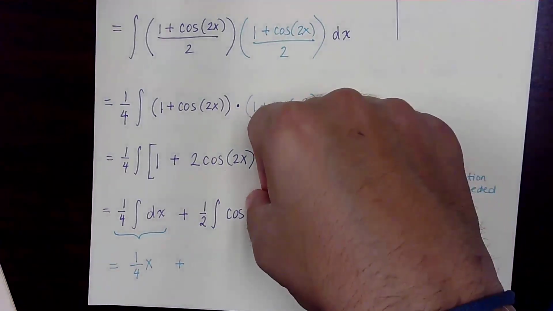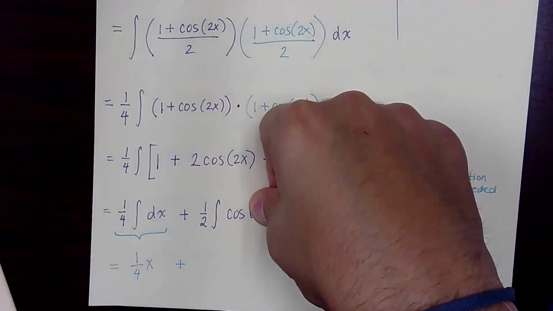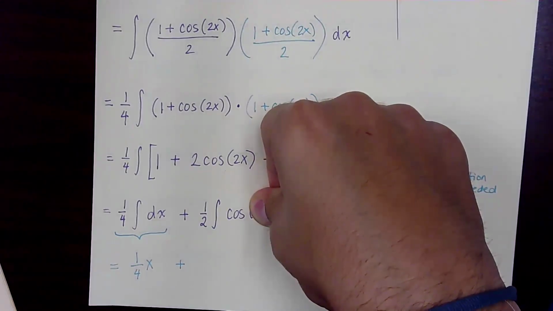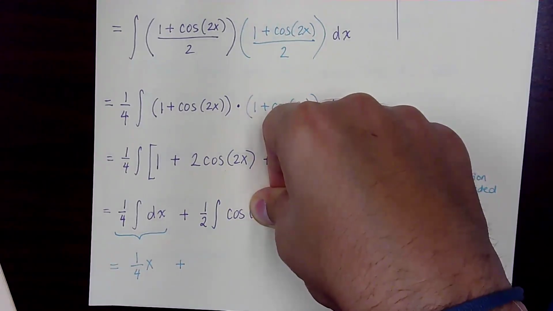Like if this was just a cosine x, do we have a formula for integrating cosine of x? What would that be? I think it's just sine. Yeah, I don't think it's going to be a negative.